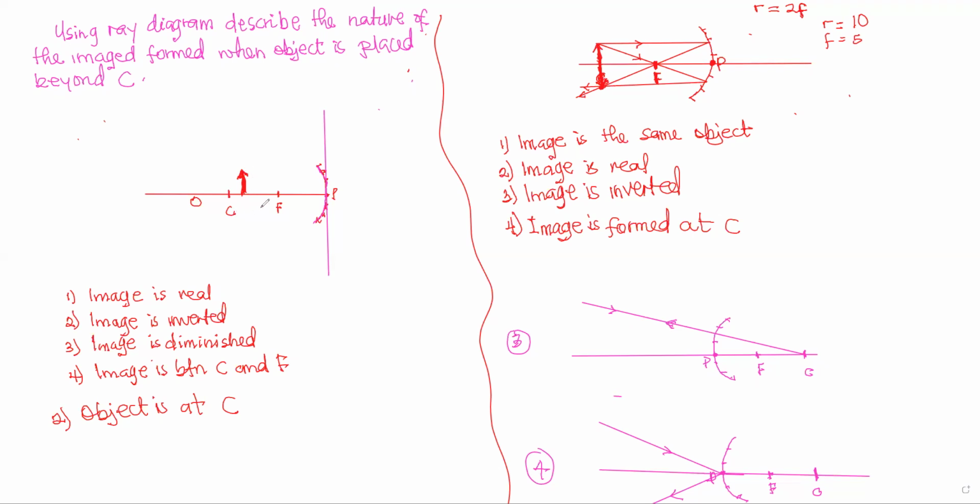Object is between C and F. Use ray diagram to describe the nature of the image formed. The rest of you must also do it, but I'll pick Kwabena's answers. So start work. Three minutes.